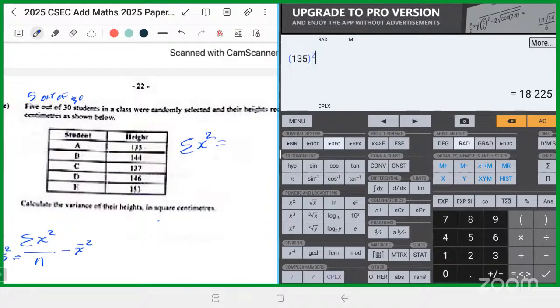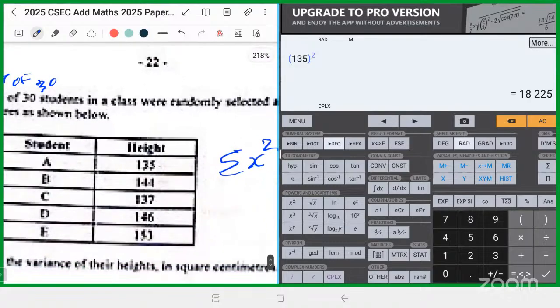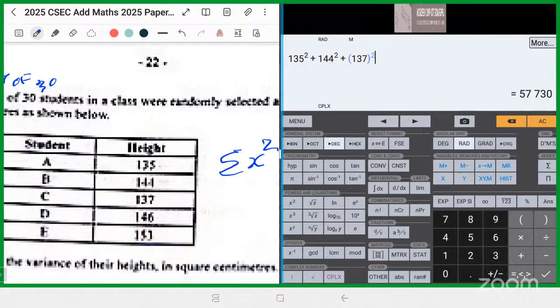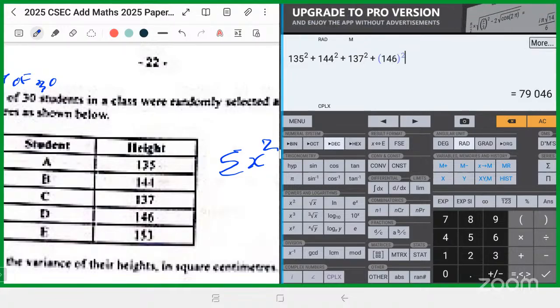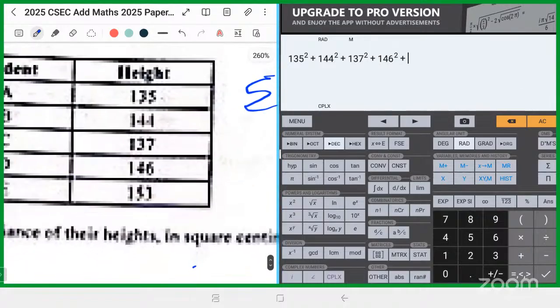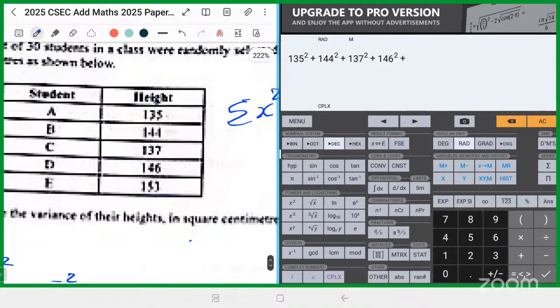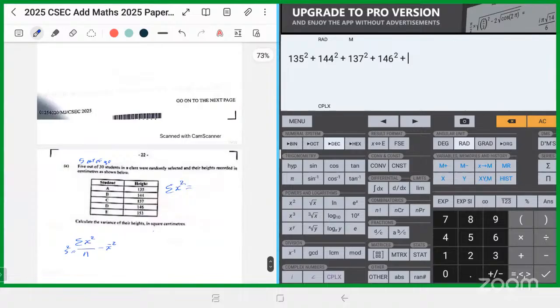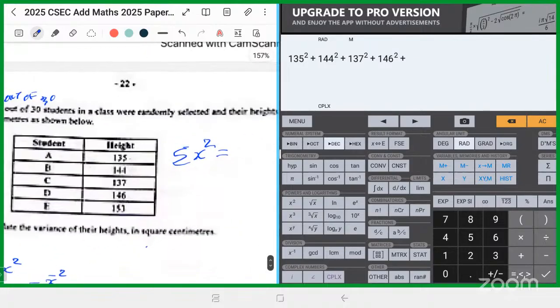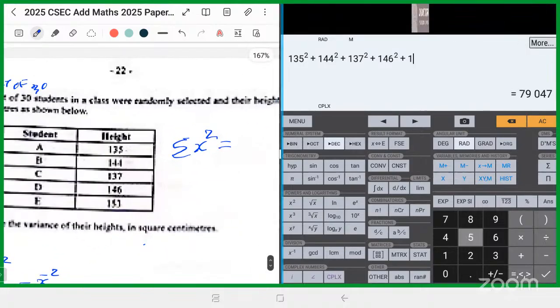So 135 squared plus 144 squared plus 137 squared plus 146 squared plus, it's like 153. The print is bad, guys. I'm going to assume it's 153. 153 squared.